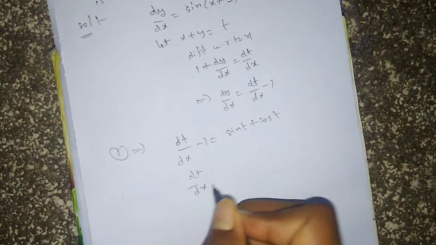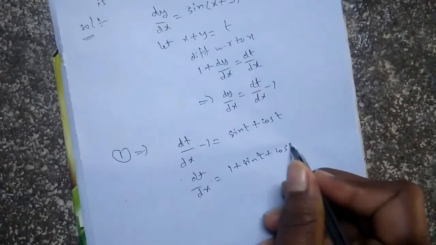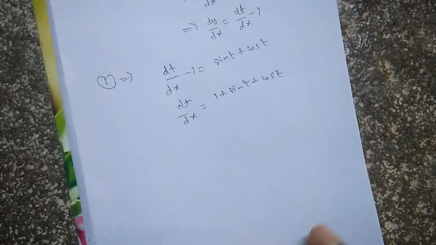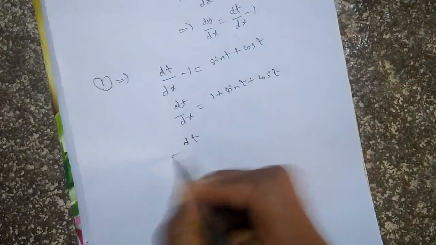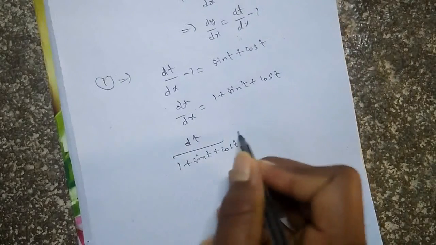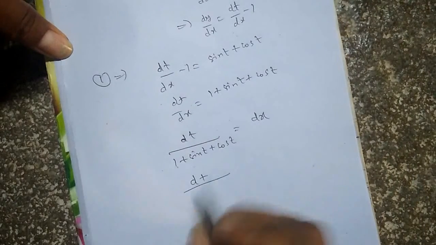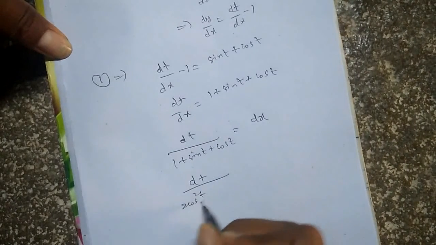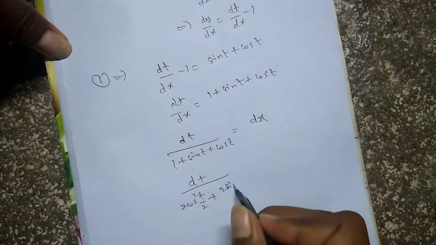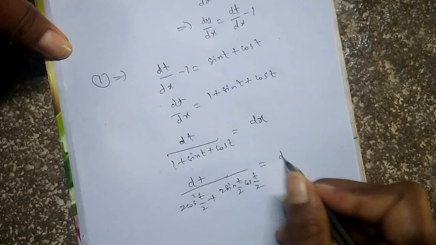dt by dx is equal to 1 plus sin t plus cos t. Now variables separable: dt by 1 plus sin t plus cos t is equal to dx. This is dt by 1 plus cos t, which is 2 cos square t by 2, plus sin t, which is 2 sin t by 2 cos t by 2, is equal to dx.